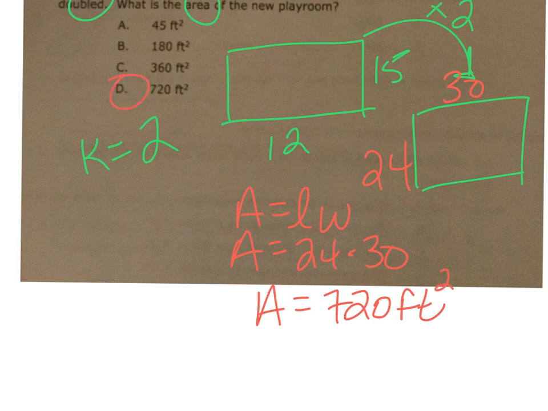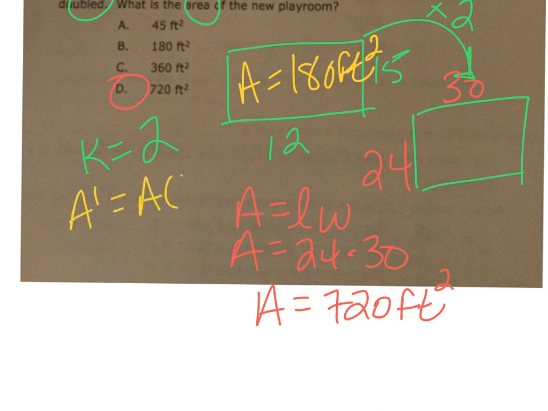The other way you can look at it is to figure out your area, the area of this rectangle, by multiplying 12 times 15, which will give me 180 square feet. And then if my scale factor is 2, since I'm doing area, I need to multiply by the scale factor squared.